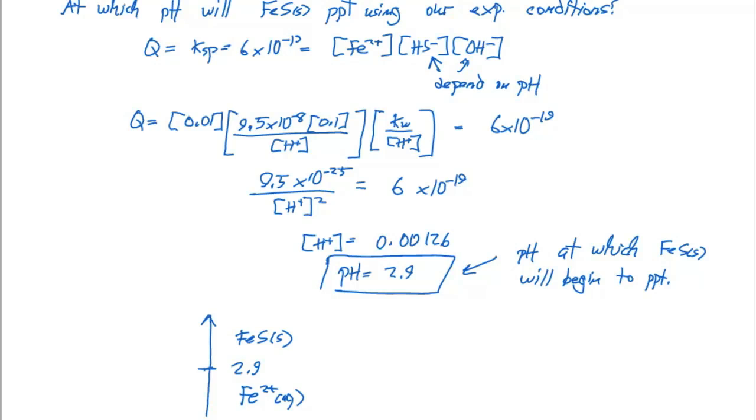If you look at the homework set on Carmen, you can calculate all the pH values at which all of these metal cations will precipitate out. This will allow us to use these pH values to put a particular ion in group 2 or in group 3.